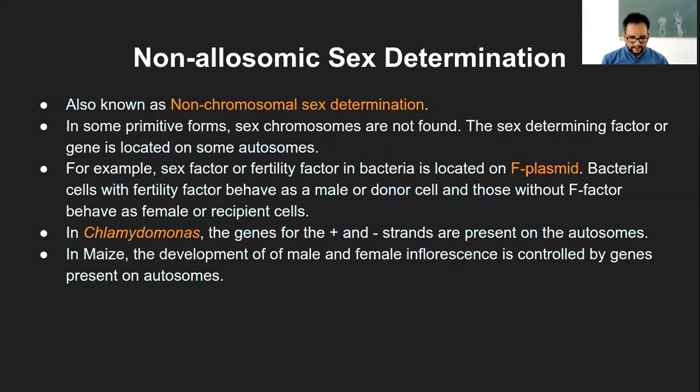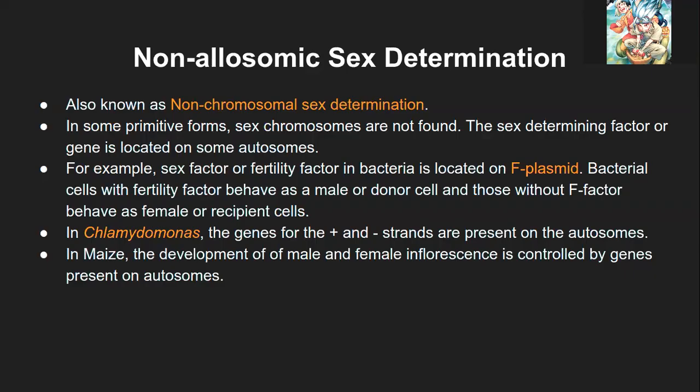Also, in bacteria, the plasmid is not part of the chromosome, right? Plasmid is not part of the genetic material, it is a separate or extra part. So why do they call it, how is it related to autosomes then? The gene is not located in autosomes, right? It's located in the plasmid.